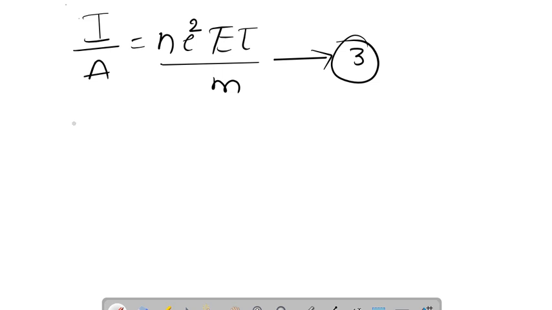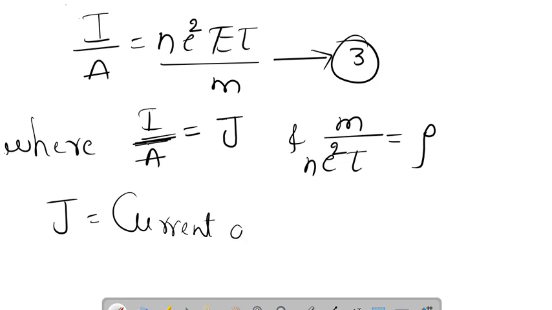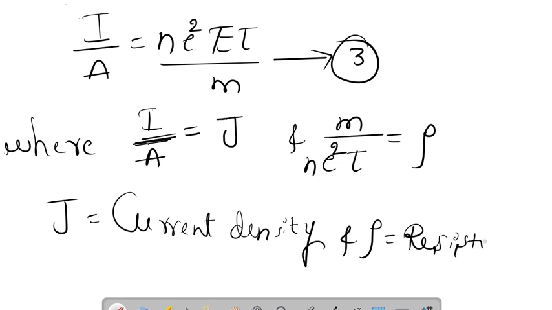Let us consider this as equation number 3, where I by A, current per unit area, is equal to the current density J. And m divided by n e square tau is equal to the resistivity rho of the substance.